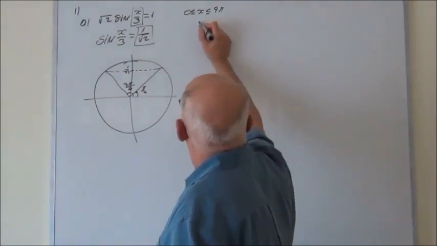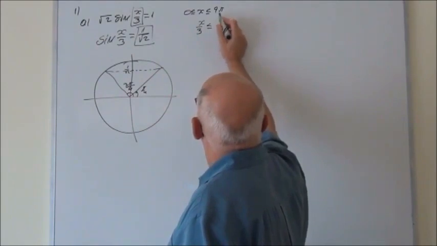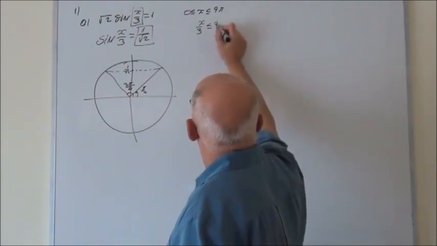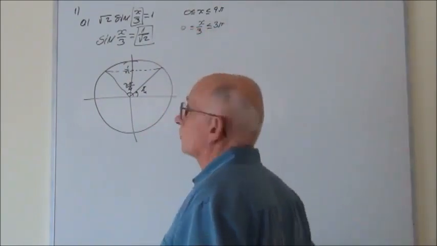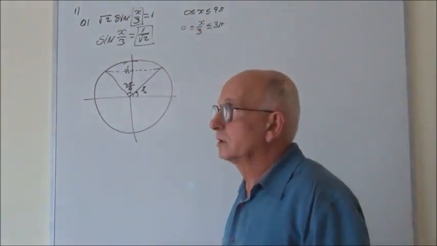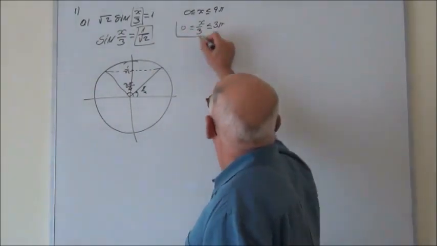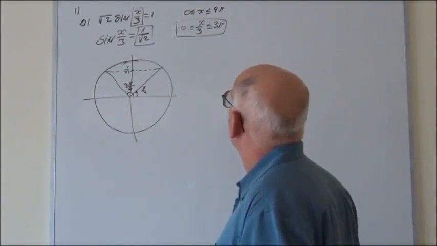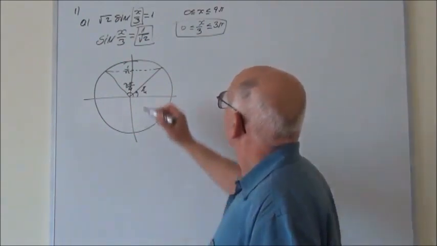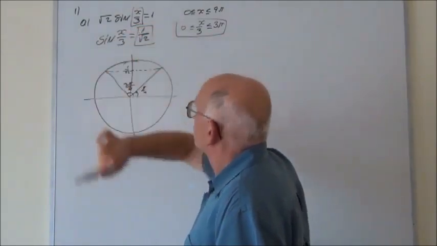Simply by dividing x on 3, we have to also divide this side by 3, so it will be 3 pi, and here will be just 0, because when we divide 0 by 3, we get again 0.